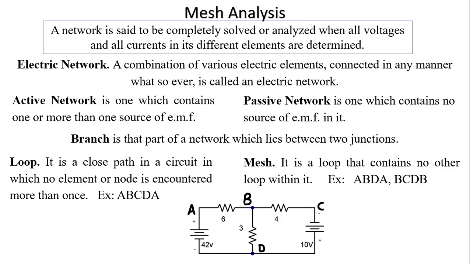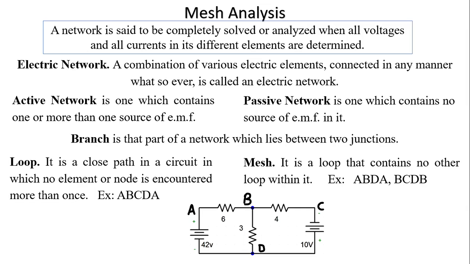It's a combination of various electric elements connected in any manner whatsoever. The network may be a passive network or an active network. An active network will have one or more sources of EMF, and a passive network will have only passive components. They will not have any EMF or active components.